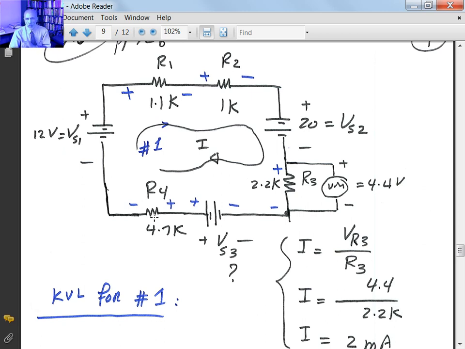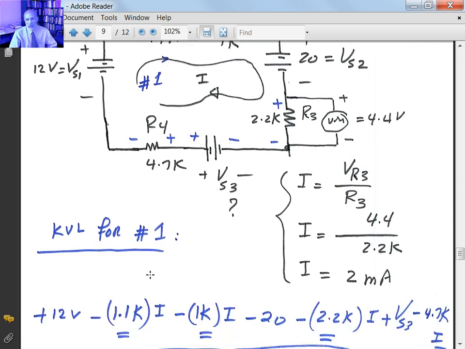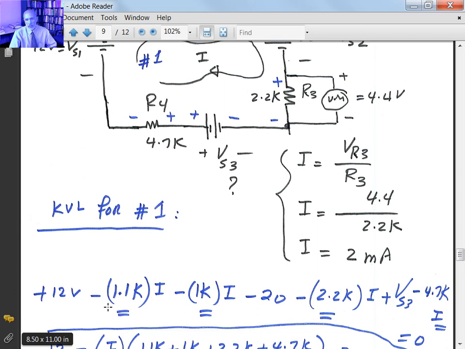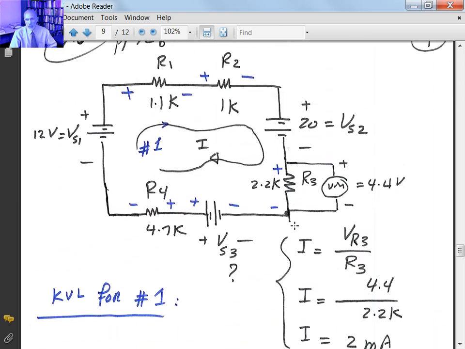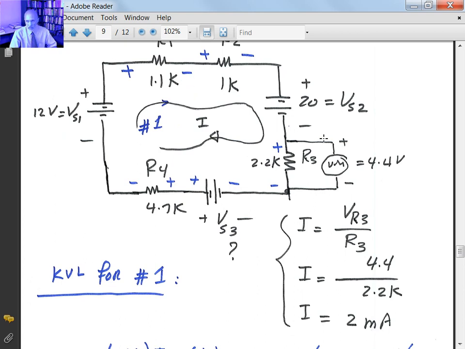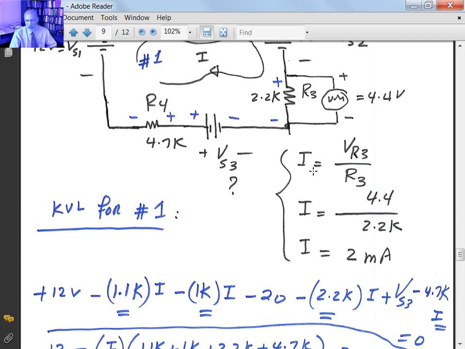All the resistors have a negative value, since there's a voltage drop across each of them: 1.1K times the current I, minus 1K times the current I, minus 20 volts, and then plus-minus, that's also minus. But the polarity for V_S3 is minus-plus. You're heading into the negative terminal, which is the exact opposite, so it's plus. And then of course 4.7K is negative, times the current I, has to be equal to 0.